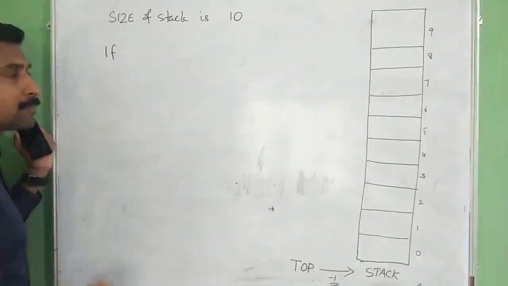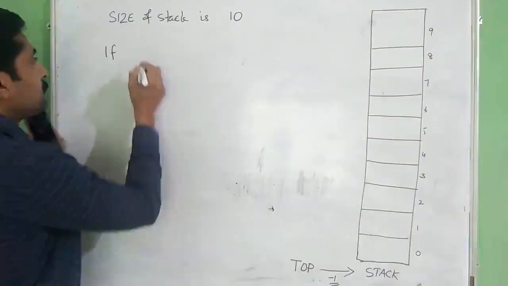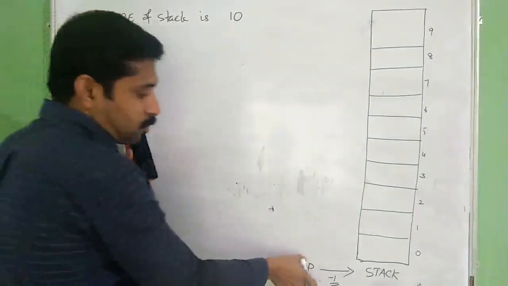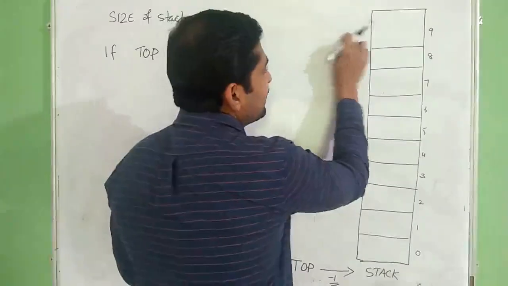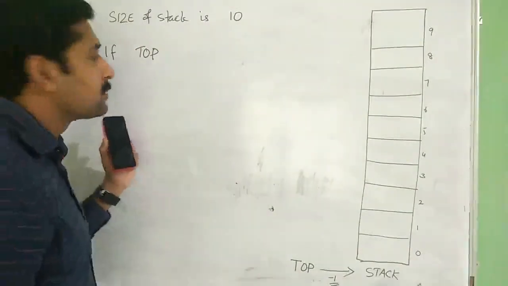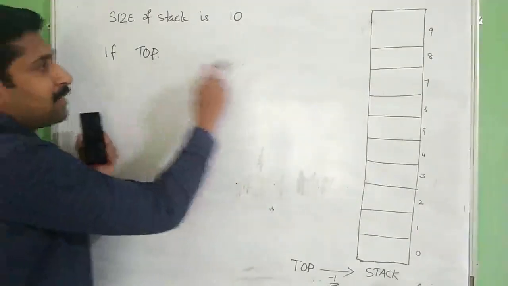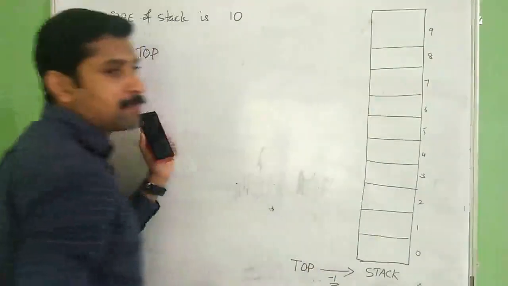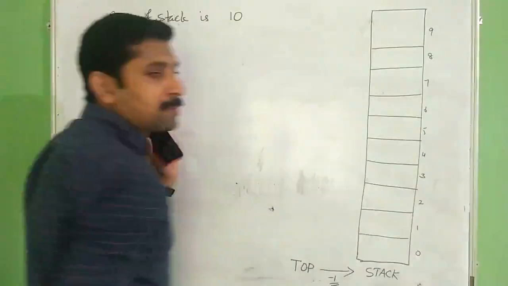This is the algorithm for the push operation. When top reaches the maximum, we have to check whether top is less than the last space or not.